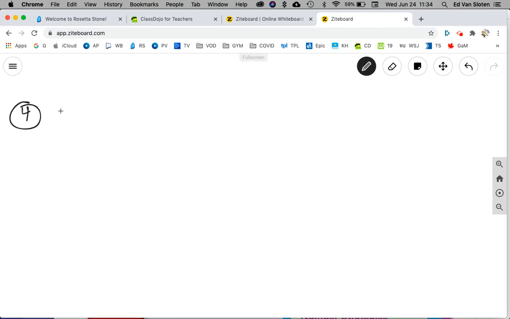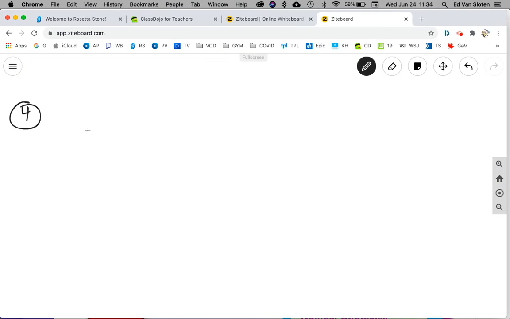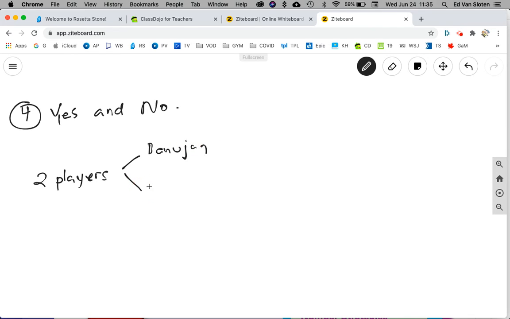Well, does it say how many players? First of all, the answer is yes and no. Let's say you have 2 players, and one is Banujan, and one is Anbu.